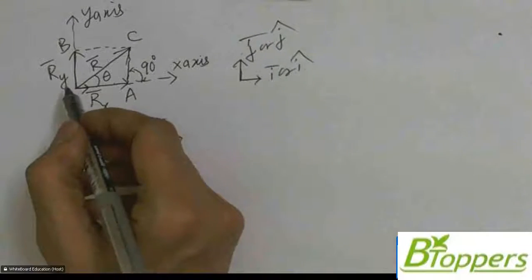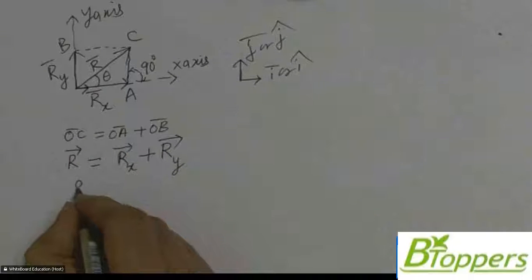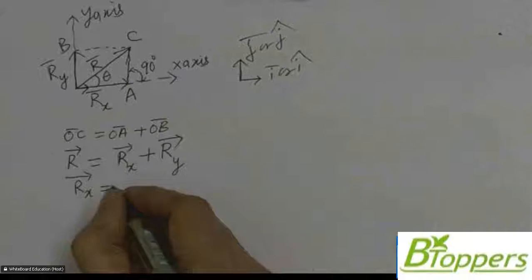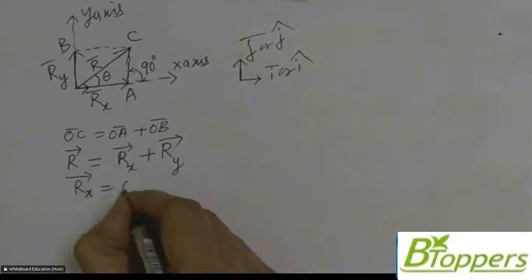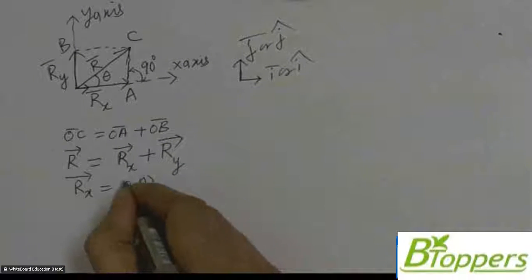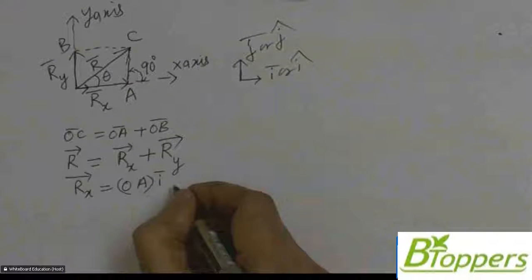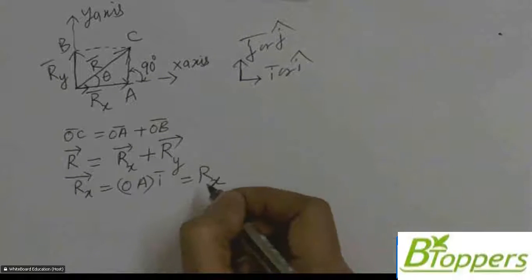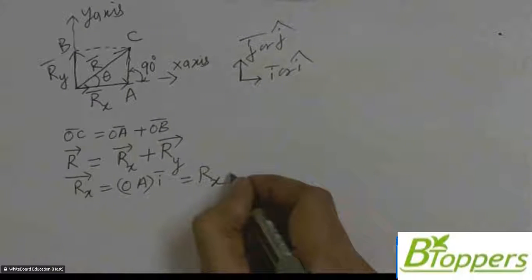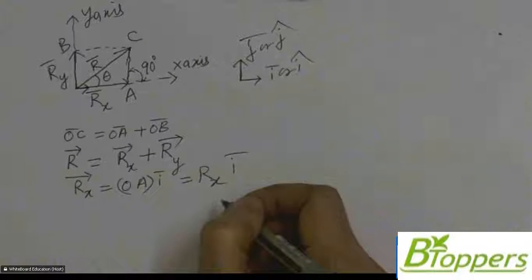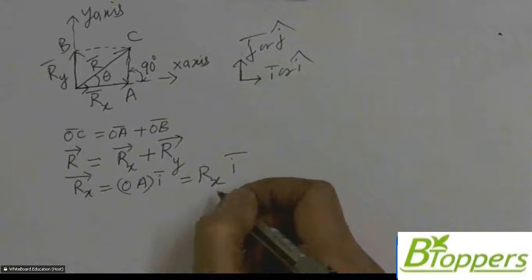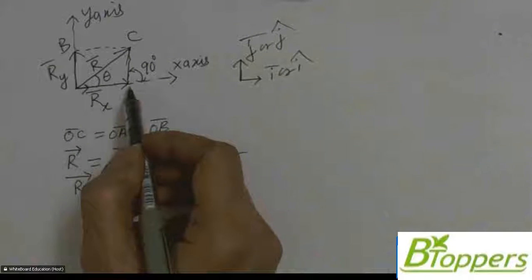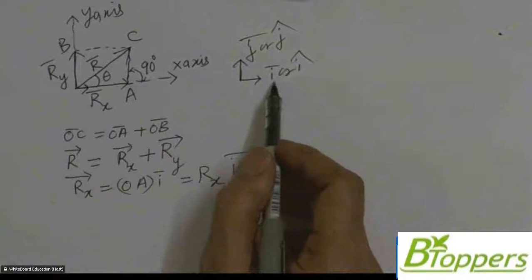So the component vector Rx bar can be written as the length of the line OA into I bar, where the length of the line OA is denoted by Rx. The component vector Rx bar acts along the x-axis, and the unit vector in this direction is denoted by I bar.